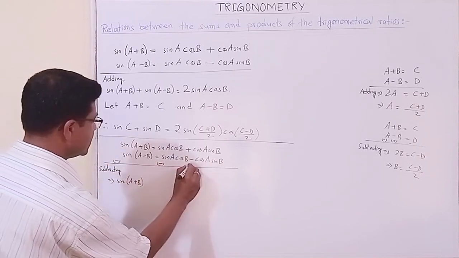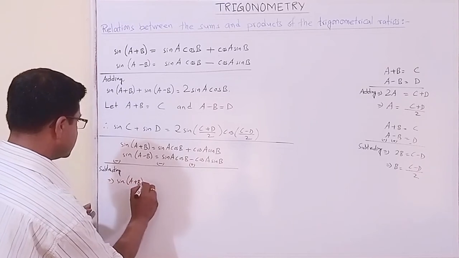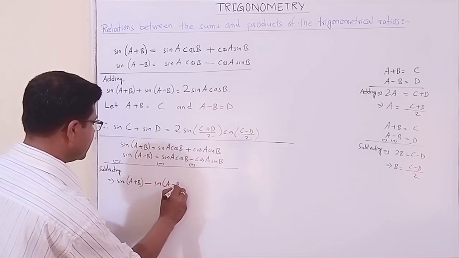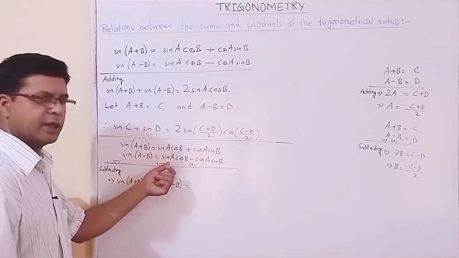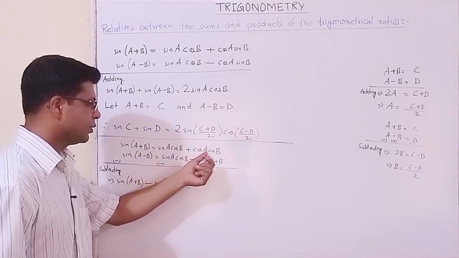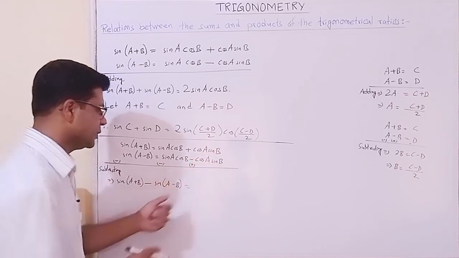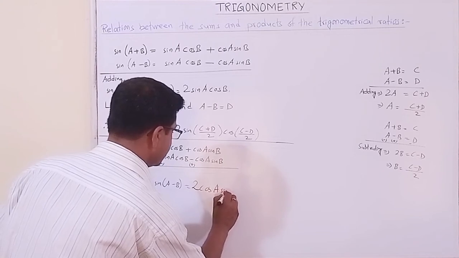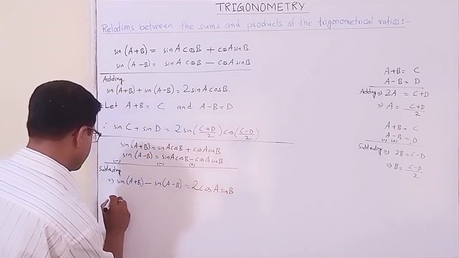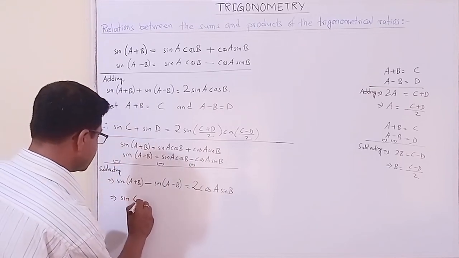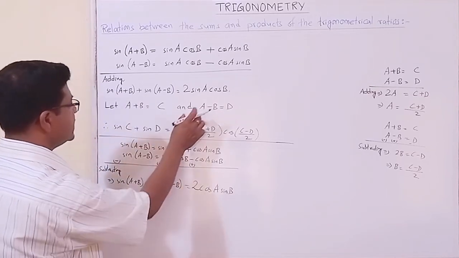This is minus, this is plus. So sin(a+b) minus sin(a-b). And if we subtract, the sin a cos b terms are equal, they will cancel each other. So this is plus cos a sin b, again plus cos a sin b, so this will be twice cos a sin b. Now let us substitute. What is a plus b? a plus b we have considered C. Sin C minus sin D. This is D.